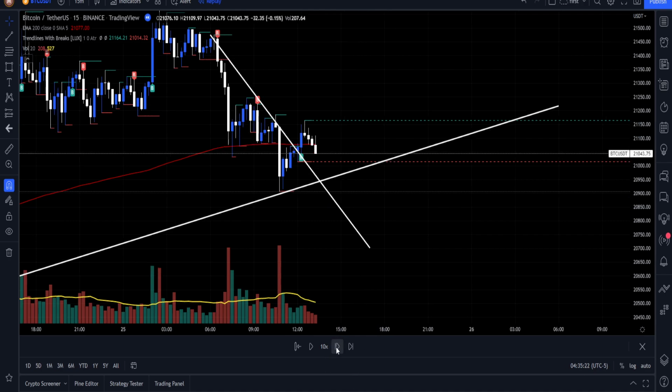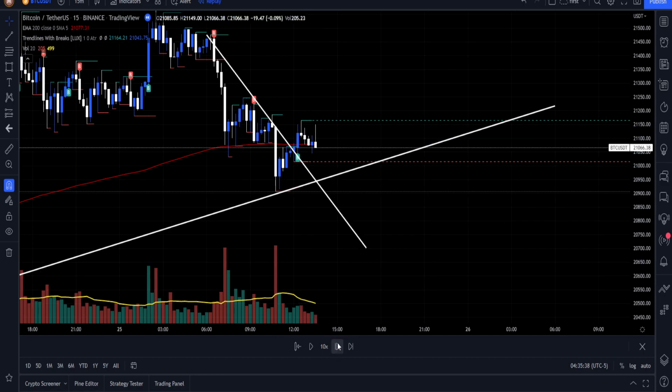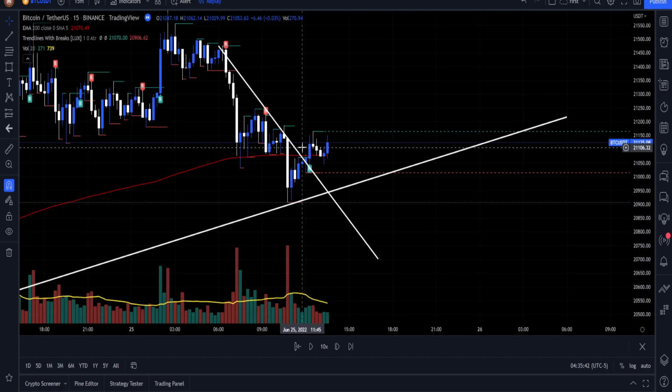Okay, so this is painting some signs of depletion right here, and could be structure to trade against. But we're gonna continue, and we want to see prices making a turn. All right.